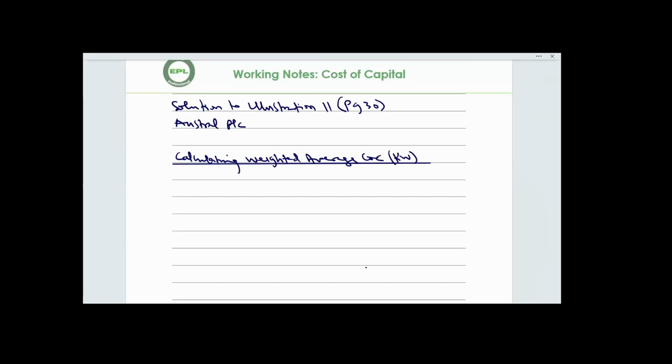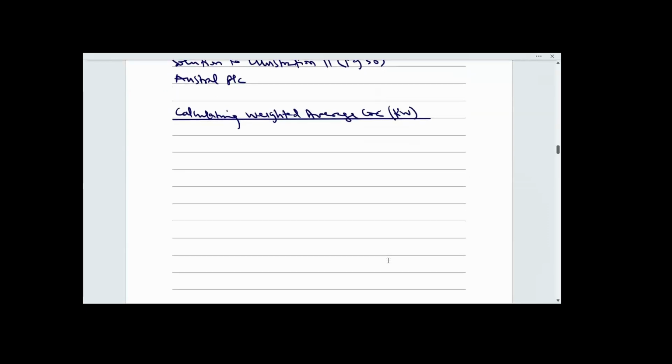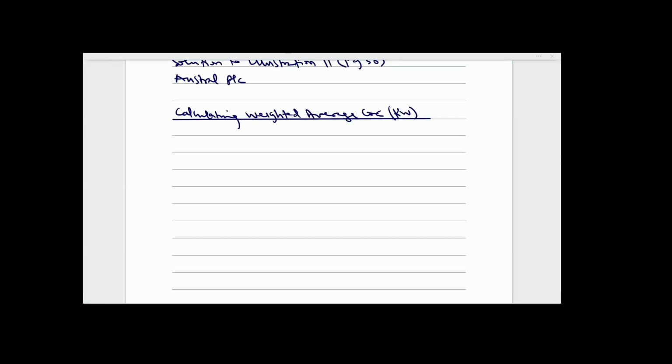Before I put down my formula, I need to go back to the question and check the nature of the capital structure. Do I have equity, preference share, and debt all put together? Whichever one I have is what I'm going to calculate for. According to the question, we only have ordinary share capital and debenture. There's no preference share.